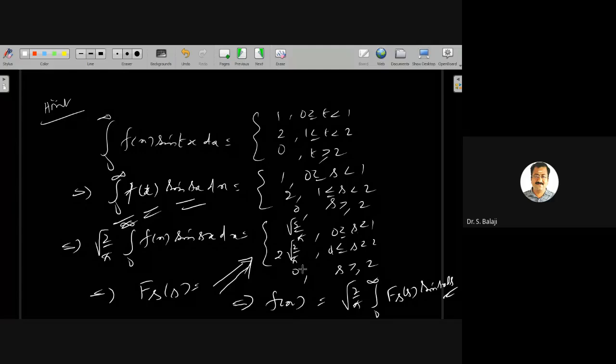For 0 to 1 we have this value, for 1 to 2 we have this value. Then integrate and you can get the answer. This is your f of x. In that manner we can proceed. Or multiply by root of 2 by pi in the given equation, and also change t to s for our convenience; you can get Fs of s and then the answer.